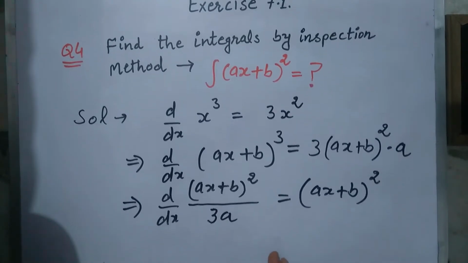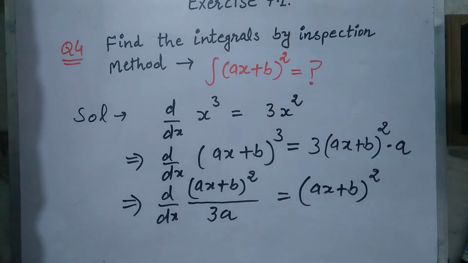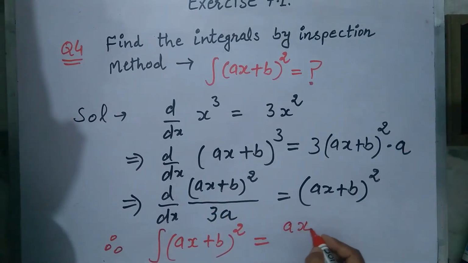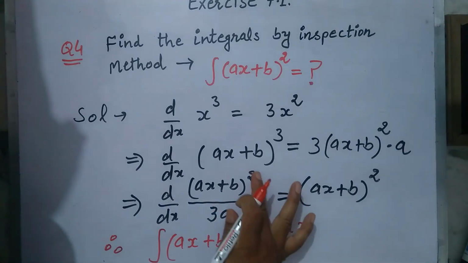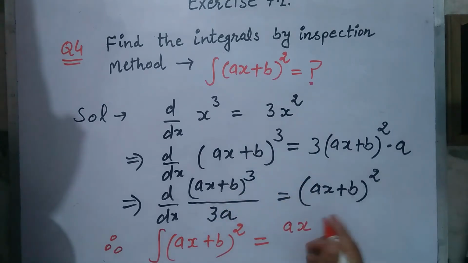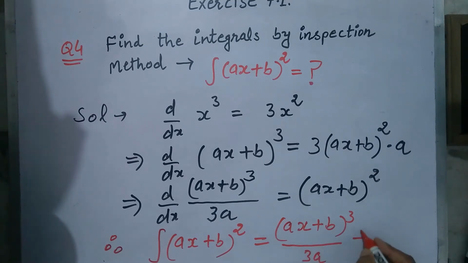So what we can say here, integration of right hand side ax plus b whole square is equal to left hand side, that is ax plus b whole raised to power 3 upon 3a plus c, the constant of integration.